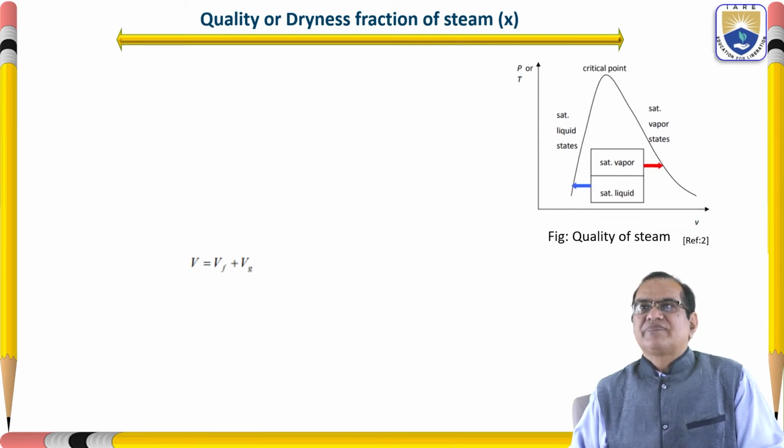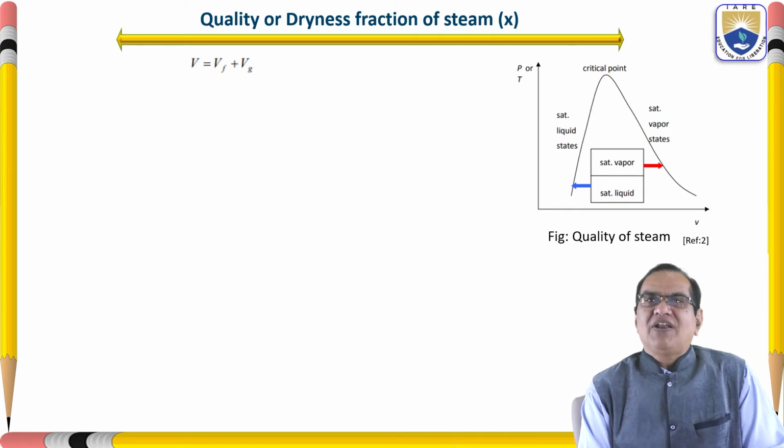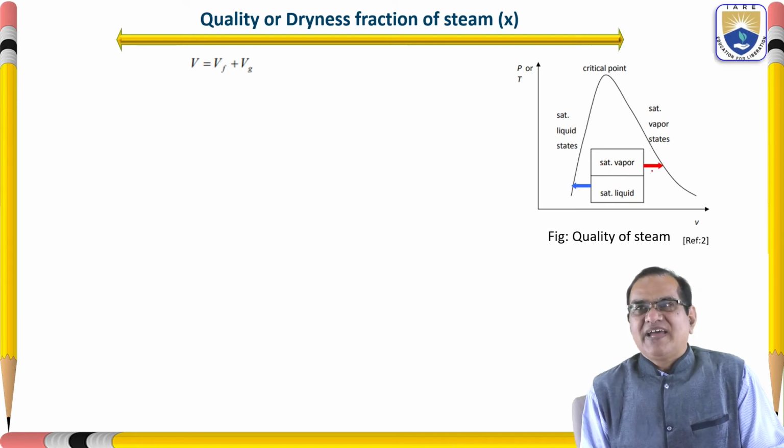We can see here the total volume of this system is the total volume of the liquid and the total volume of the vapor. Here the red and this is the blue. So V is equal to Vf plus Vg.